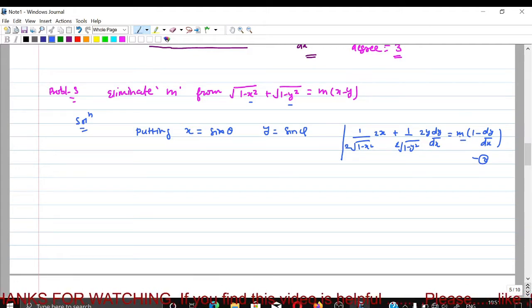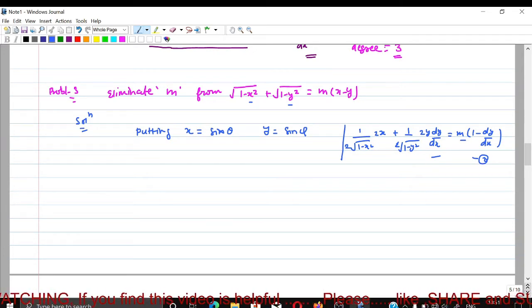You can remove m in this manner, but your calculation would become tough.